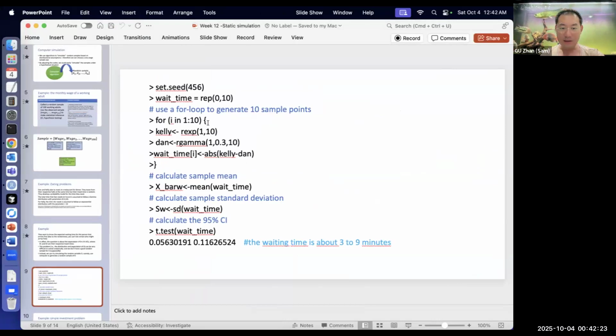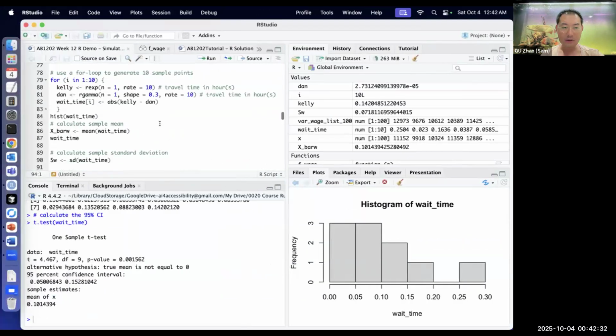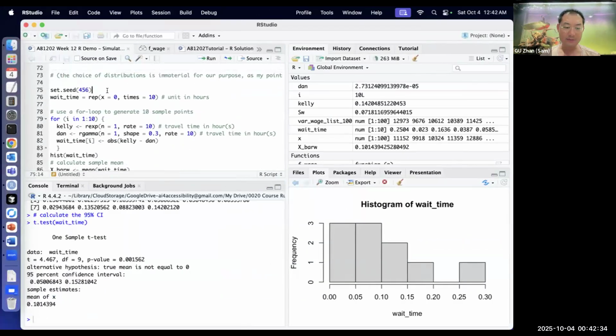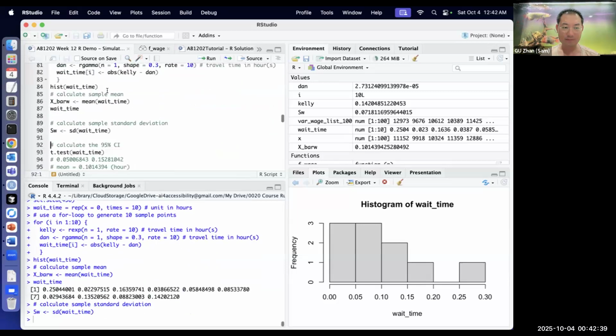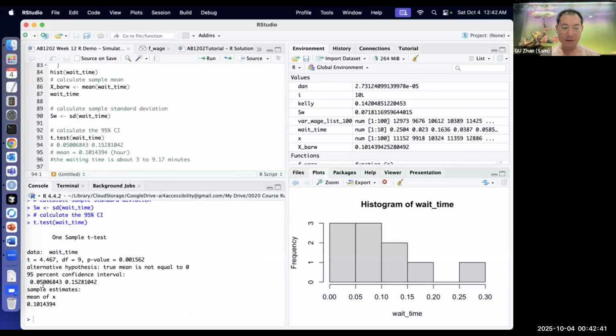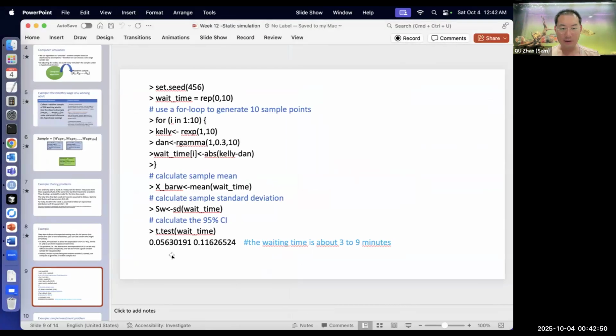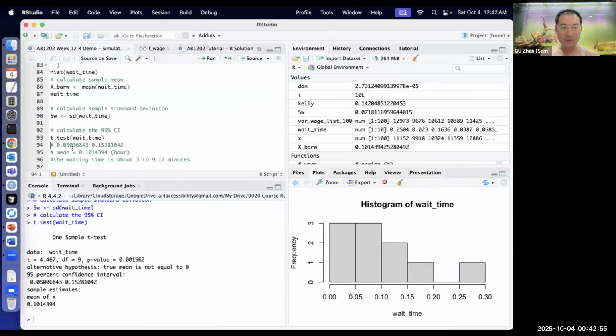Let me run it again, to see whether I get exactly the same value as shown here. Waiting time, for loop, and so on. Let me try again. 0.05, 0.15. Yeah, I get this value. The mean value is 0.056, 0.05.